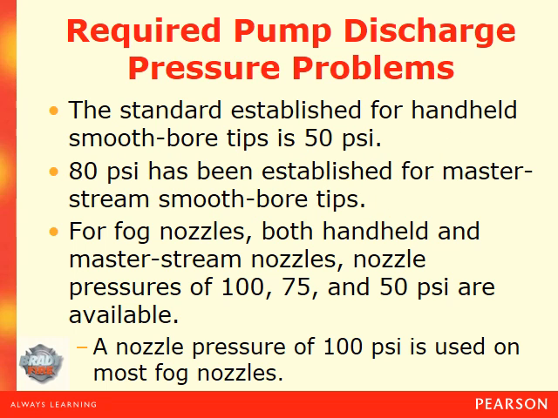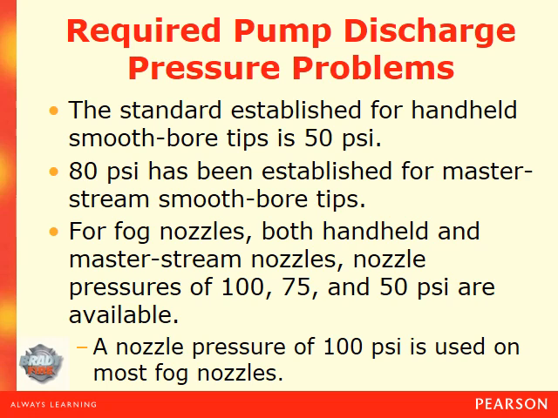Now, here are some constants that you're going to need to know to figure out your math problems. The standard established for hand lines with a smoothbore tip is 50 psi, meaning that you have to have 50 psi at a hand line with a smoothbore tip.